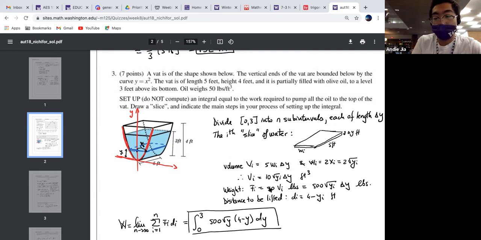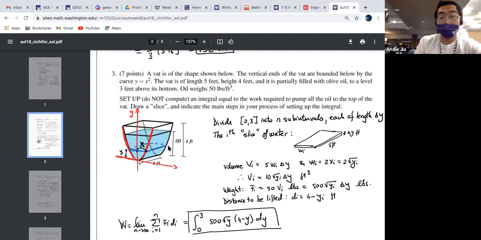Then the weight is going to be 50 times 10 and then times the function itself, times delta y, and the distance being lifted. The total height is 4 feet. So now you have 3.